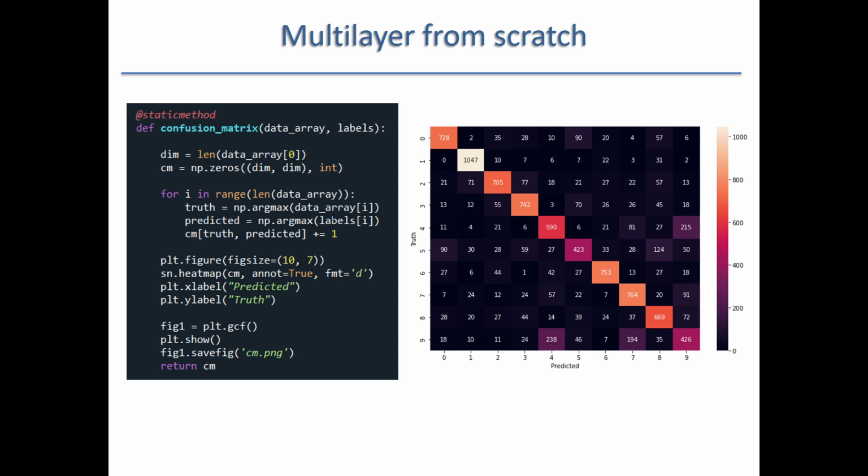Here we have the forward loss. The forward loss takes the number of classes that we have, 10 in this case, and the loss function is this one. It is the logarithm of the predicted value times the true value.